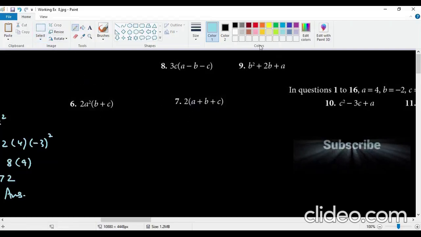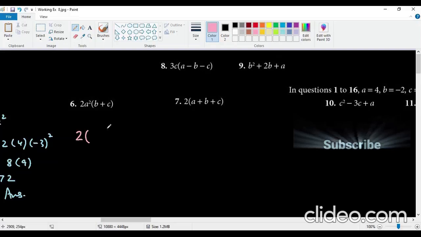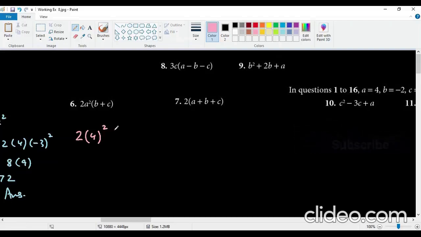Now, I'm placing the values directly this time. 2 times a is 4, which is a square, and in the bracket we have the value of b, which is -2, plus the value of c, which is -3.